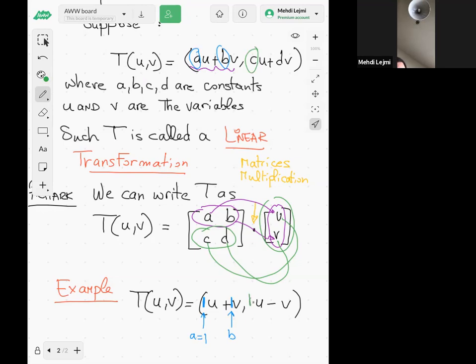And then D would be negative 1, because of the minus. It's not 1, it's negative 1. So you just have to multiply your U and V by a constant.